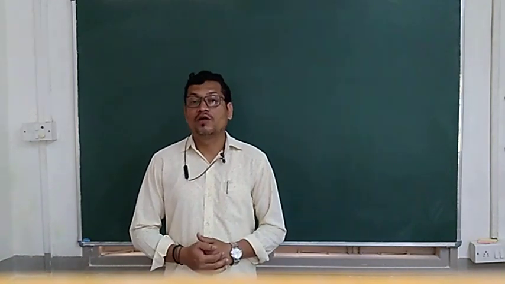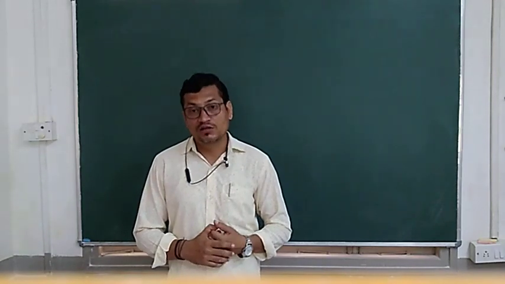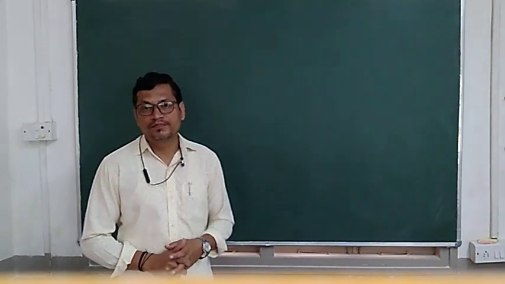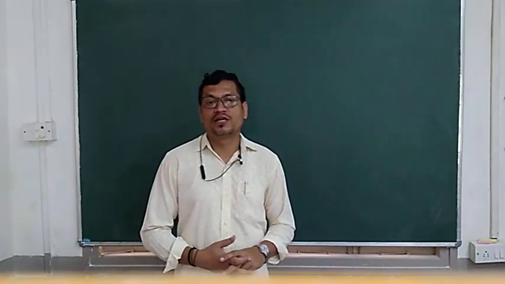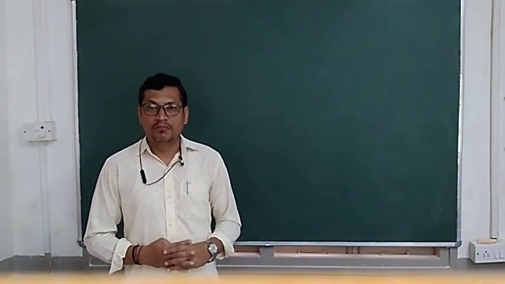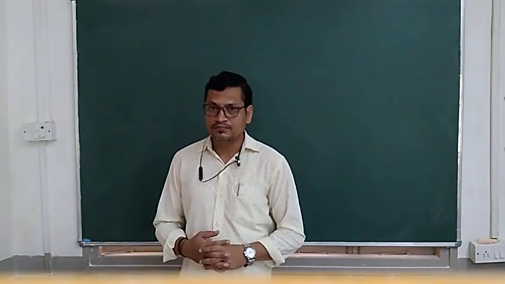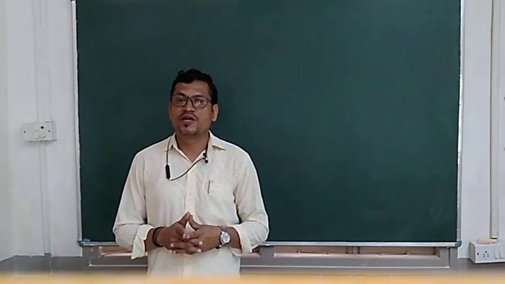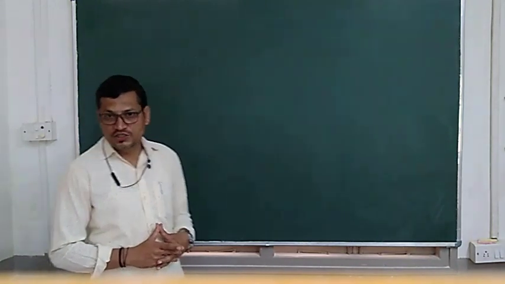After this, we have seen what are the steps or methods involved in scientific method. There are many methods you can adopt, but the important methods we discussed, first of all, systematic observation is very important.